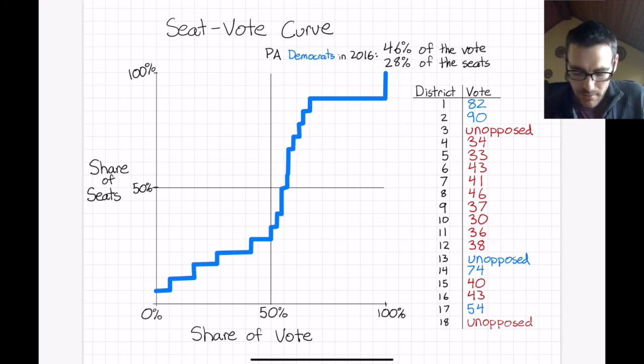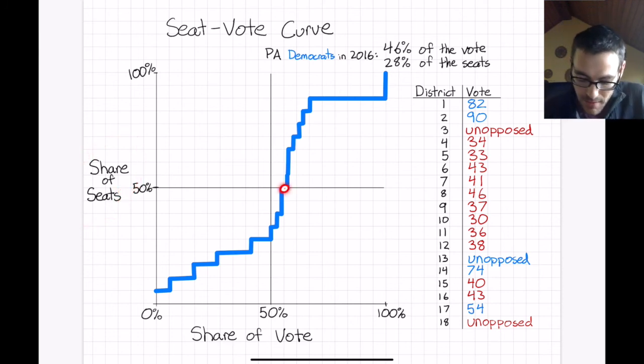We could instead ask, what percentage of the vote do we need to get in order to win 50% of the seats? In our hypothetical example, we were turning the dial and saying, what if rather than 46% of the vote, the Democrats had won more? How far do we have to go until they get to 50% of the seats?